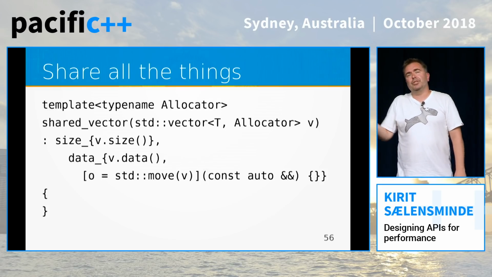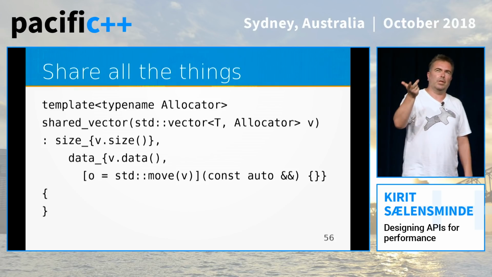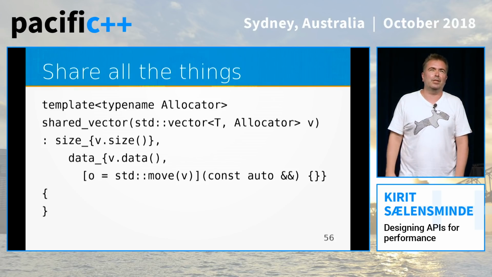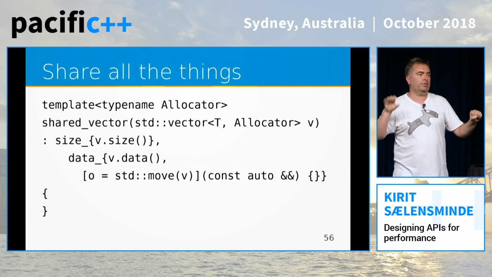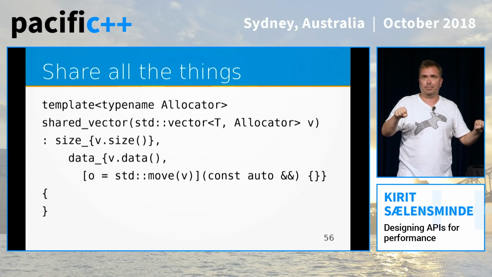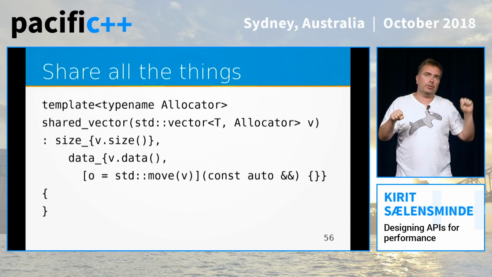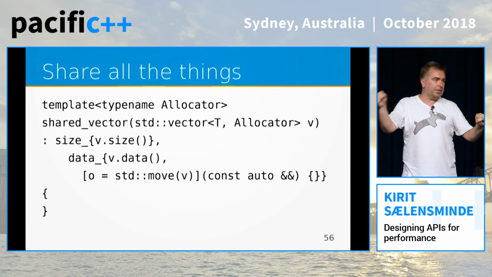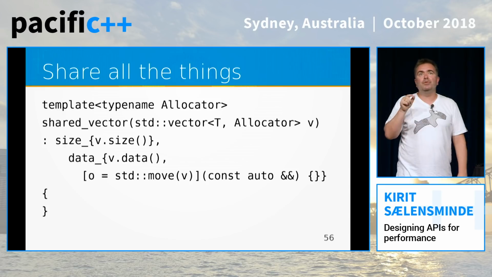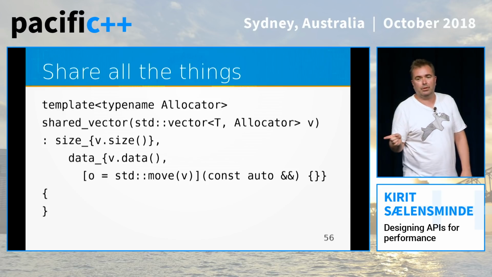And the shared vector and the shared string are kind of nice as vocabulary types as well. Here, and I'm pretty sure this is completely valid, what I'm doing is I'm creating a shared vector from a standard vector, and I capture its size, and then I create a new shared string from its data pointer, and I move the vector into the closure for the deleter for the shared pointer.